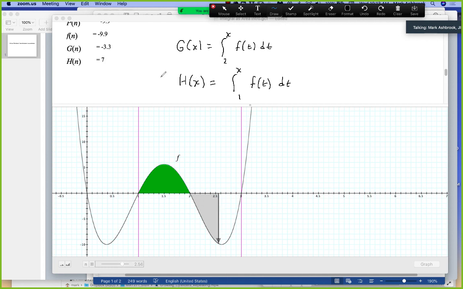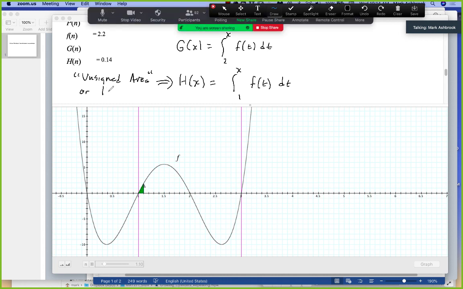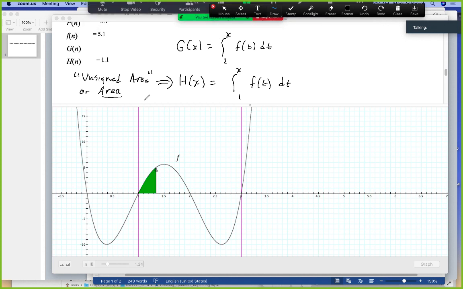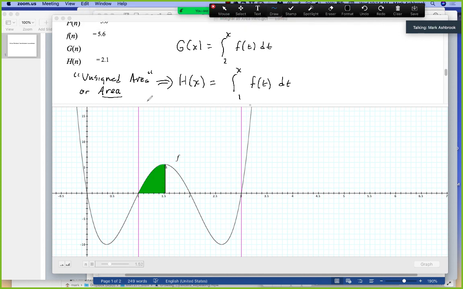But now we're actually getting, and he said it, that's right, unsigned area, which is the same as total area, or just area. So unsigned area is always a positive value. It's the sum total of areas above plus the areas below the x-axis. So this function's not right.